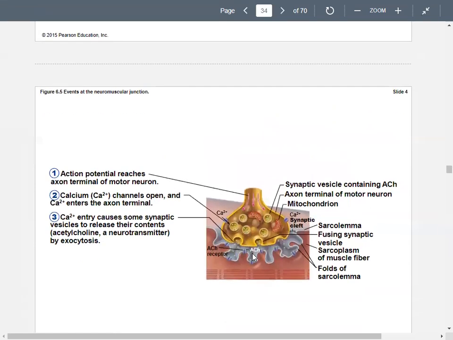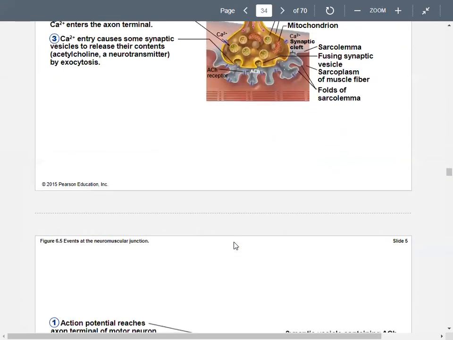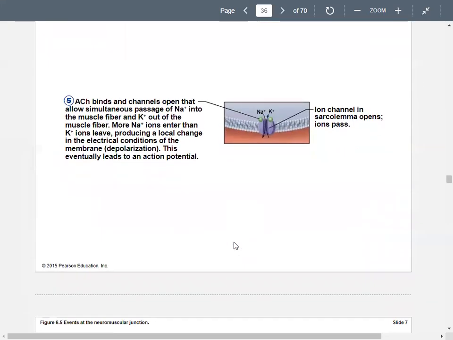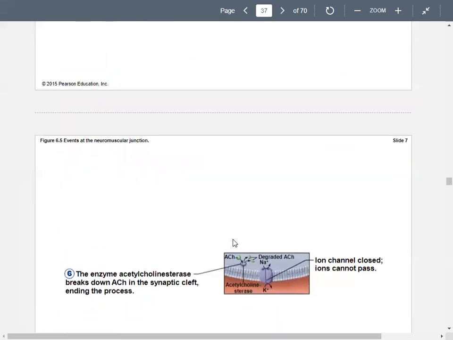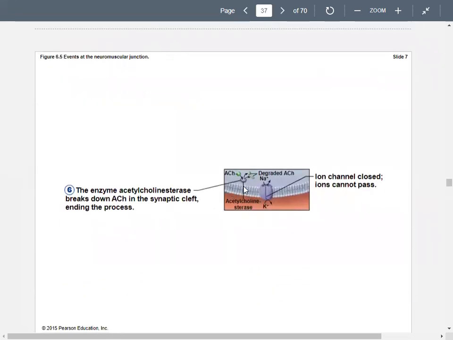And again, there's that vesicle releasing its contents through exocytosis. Remember, exo means going out. Acetylcholinesterase breaks down the acetylcholine so the contraction can stop and close the channels.